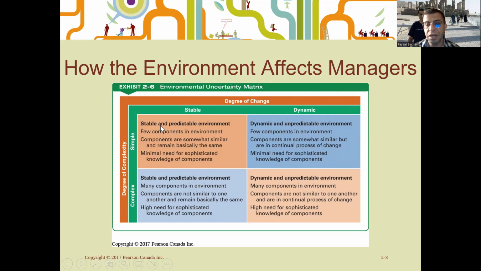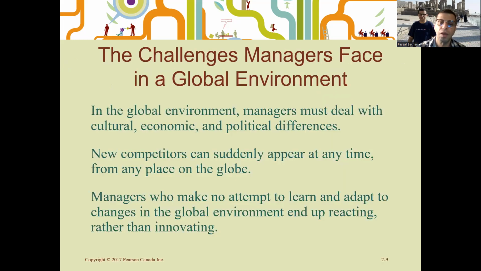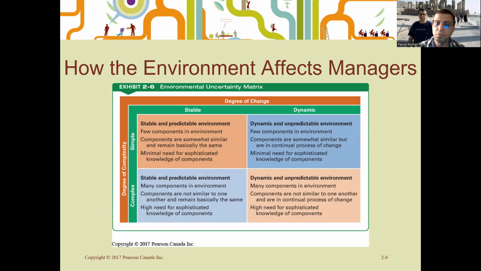Because if it's dynamic, then it's a dynamic and unpredictable environment. And if it's stable, then it's a stable and predictable environment. We will go through each one of them separately and bring some examples. The IT environment: where do you fit the IT environment into these four?